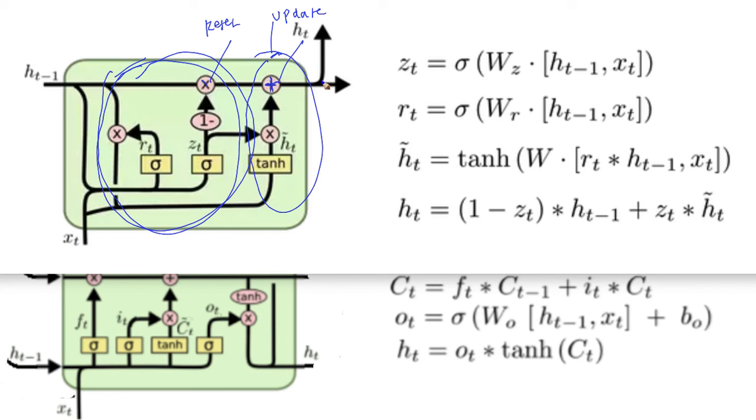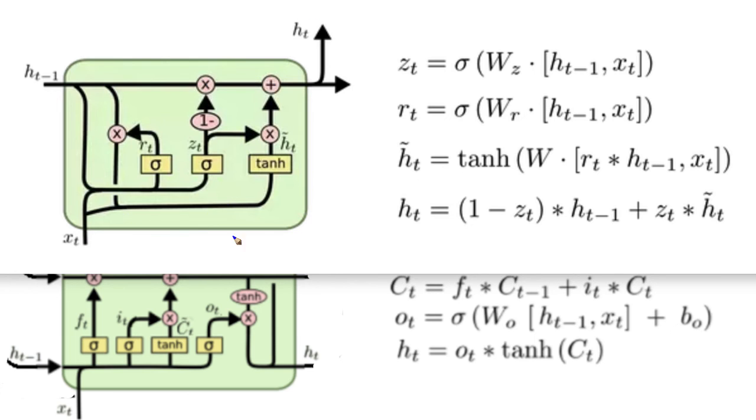Okay. Now there is one thing which was not there in LSTM. That was this one minus, right? This one minus allows us to subtract whatever is coming from here. We can subtract that from one, right? So if you see, this is one minus zt. Whatever is coming from here, that we can subtract from 1.